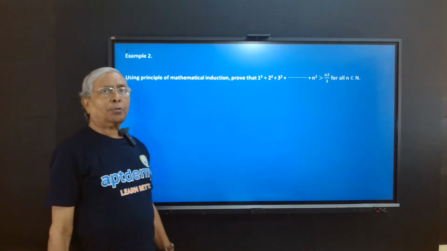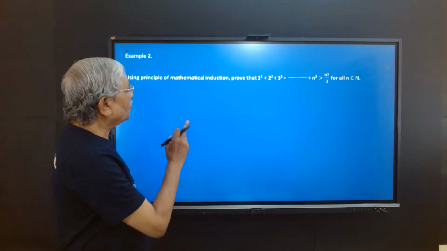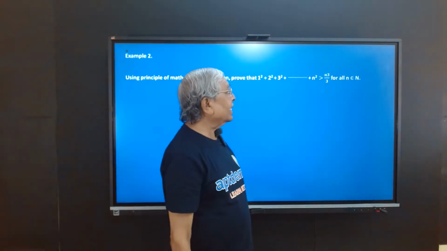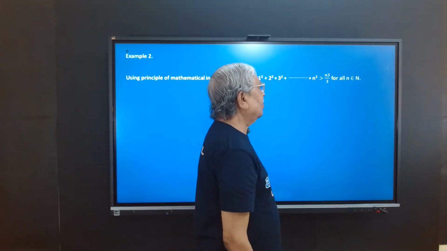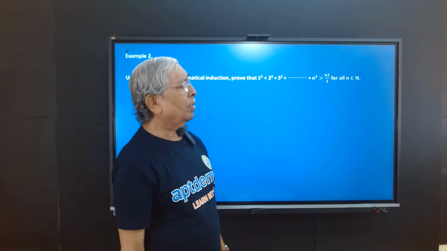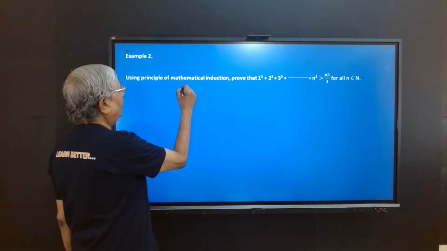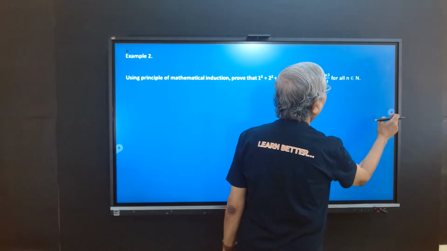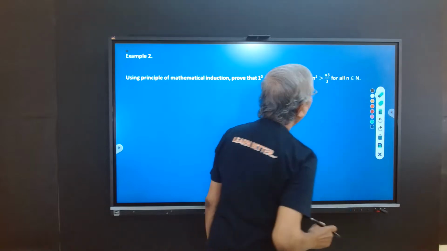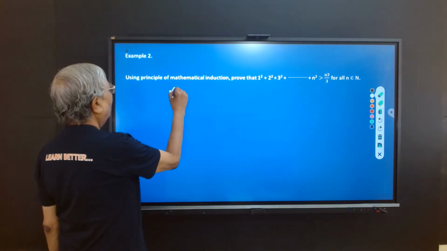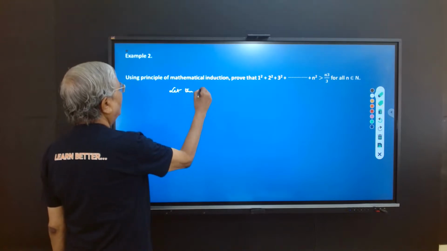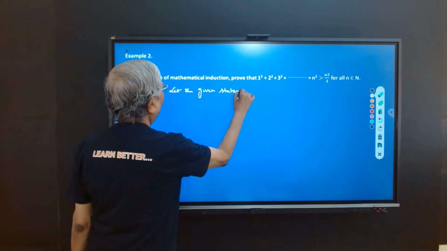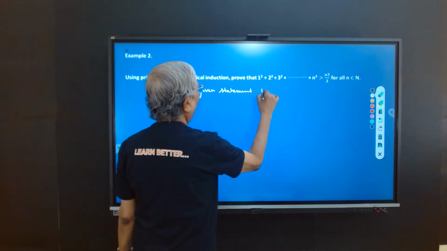Now we come to the next problem. Using the principle of mathematical induction, 1 square plus 2 square plus 3 square up to n square is greater than n cube by 3 for all natural numbers n belongs to capital N. So first, let the given statement be Pn.